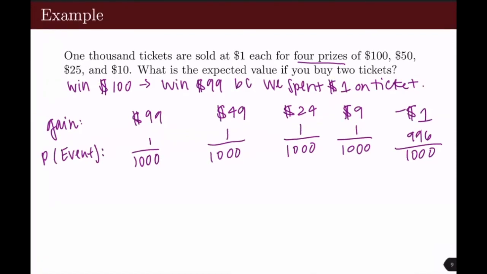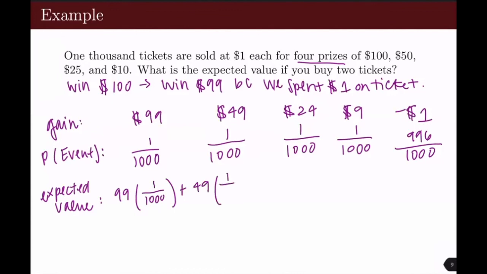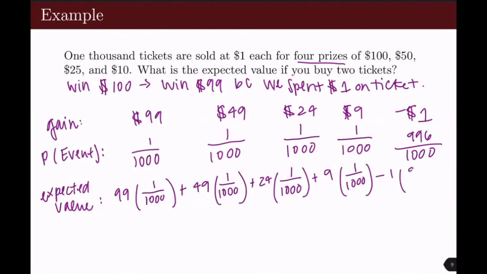Now we can plug this into our expected value formula. So we'll have 99 multiplied by 1 over 1,000 plus 49 multiplied by 1 over 1,000 plus 24 multiplied by 1 over 1,000 plus 9 multiplied by 1 over 1,000 minus 1 multiplied by 996 over 1,000.